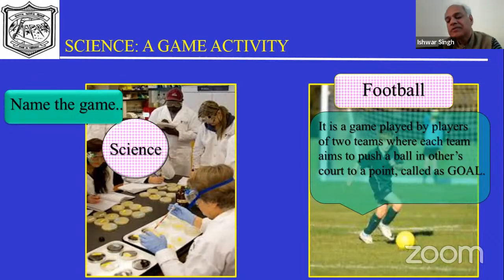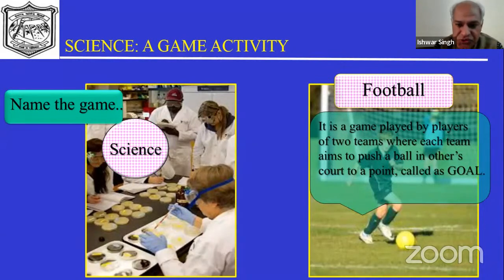When a team pushes a ball into the other's court, as a result of that activity, a point is gained by the team. So that is the ultimate aim of the overall game. So here we have defined what football means.